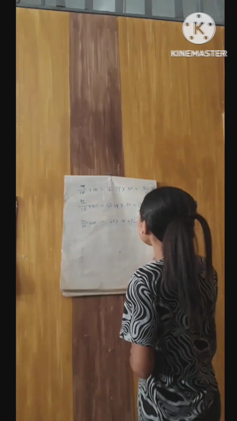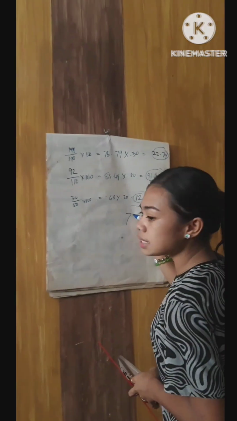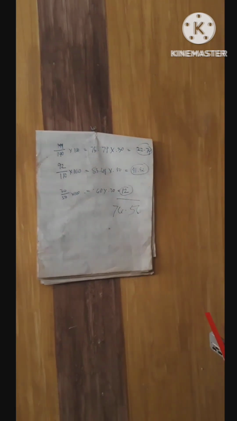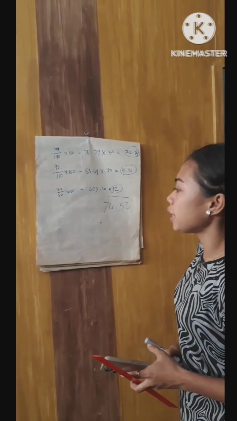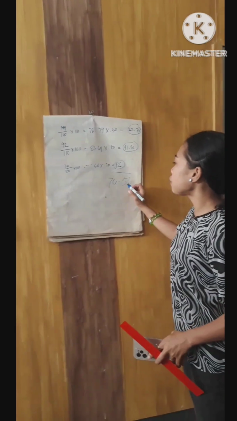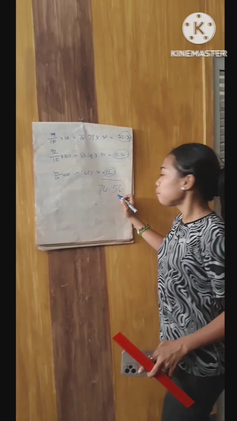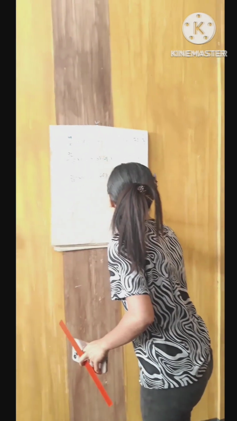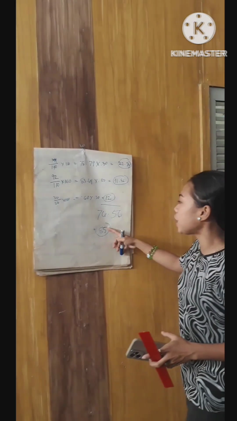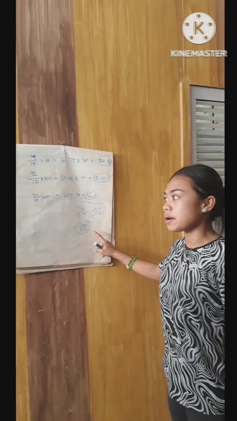So the total of this is 76.56. So that is the initial grade of Donnie Mariano. So using the transmuted grade, 76.56 will become 85. So this is now the final grade of Donnie Mariano in Araling Panlipunan.